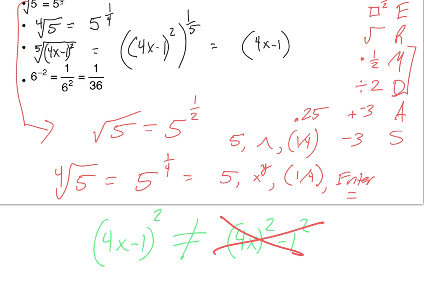Powers raised to powers, exponents multiply. That'd be the 2/5 power. And that would be it. That would be done. This cannot be simplified any further, because I'm adding and subtracting inside the parentheses, so I cannot bring the exponent in.